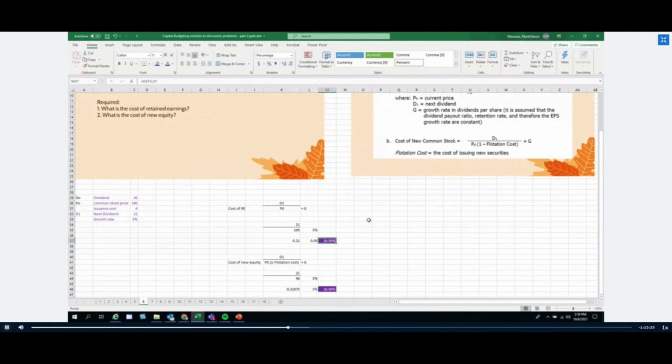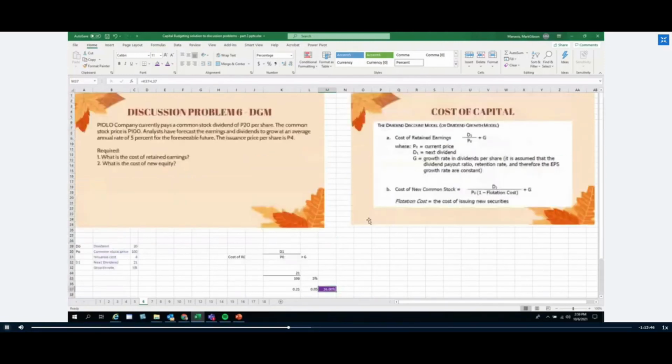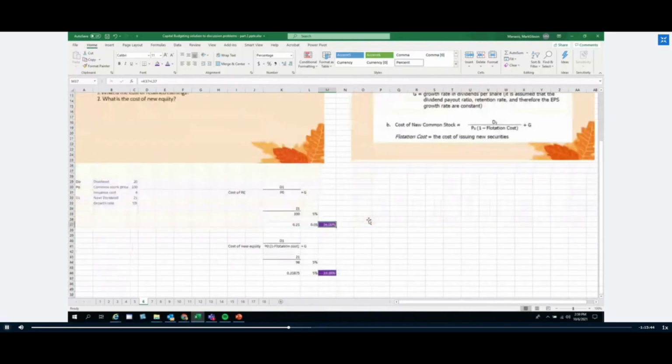Ngayon, the next requirement is to compute for the cost of new equity. So in this case, sundan natin ngayon yung formula. So we have D sub-1 divided by P sub-0 times 1 minus the flotation cost, plus G. G again is the growth rate.